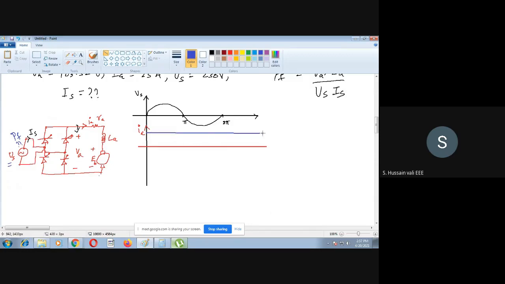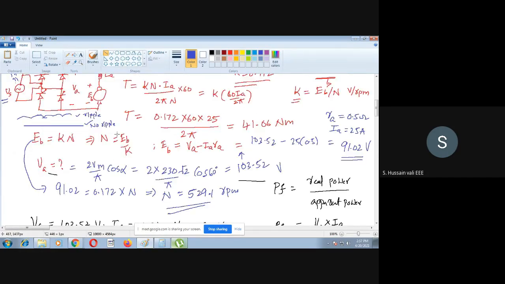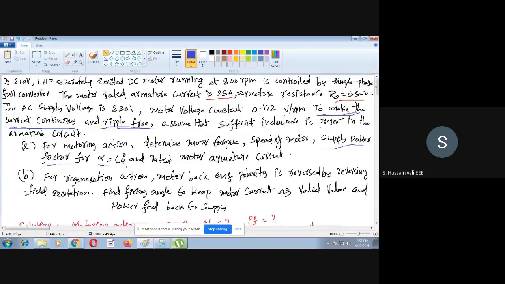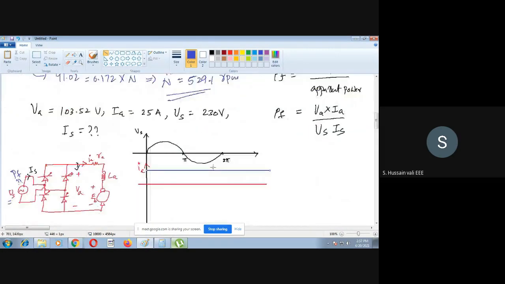Continuous and ripple free is nothing but a constant value, and this constant value is the IA value, the armature current. In the problem, he said rated motor armature current, and its value is 25 ampere. So this height is 25 ampere.